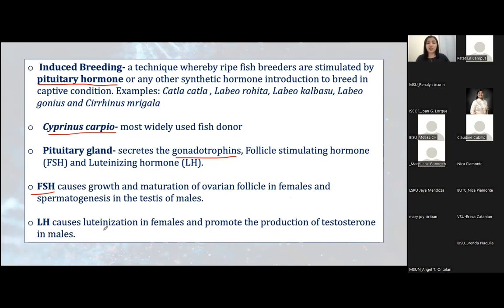And LH causes luteinization in females and promotes the production of testosterone in males. Natandaan nila ito, itong dalawang hormones na ito, FSH and then LH. And laging tandaan na galing ito sa pituitary gland, and the most widely used donor is Cyprinus carpio or the carp.